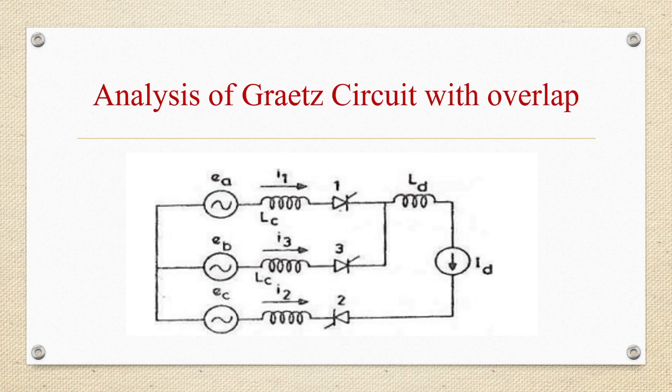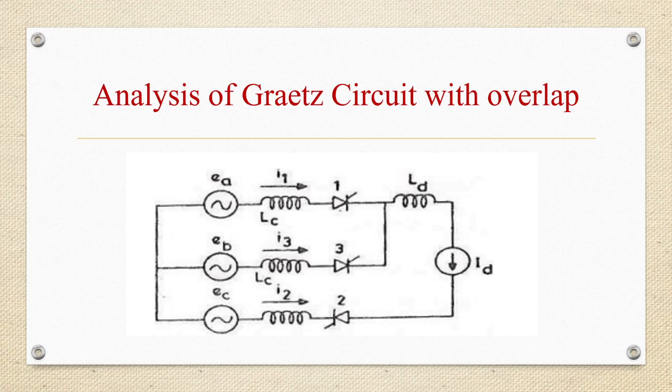So let us consider this figure. Substituting equation 3 in 1. So equation 3 was I1 is equal to ID minus I3. Equation 1 was EB minus EA is equal to LC di3 by dt minus di1 by dt.